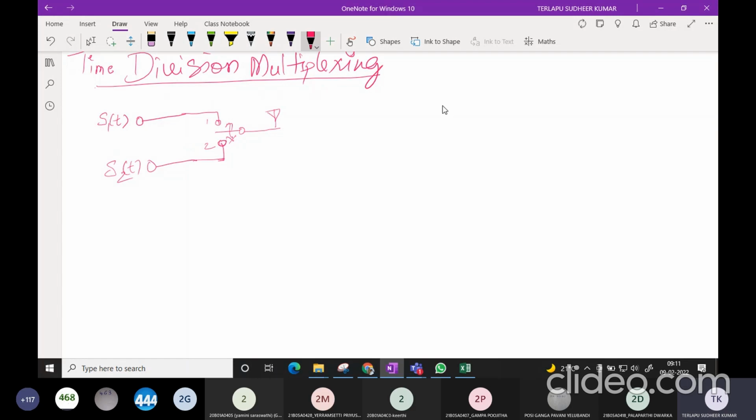At the end, I can have a receiver. Again here, I have a switch to move from 1 to 2. So this is how we demultiplex S1 and S2 at the receiver.